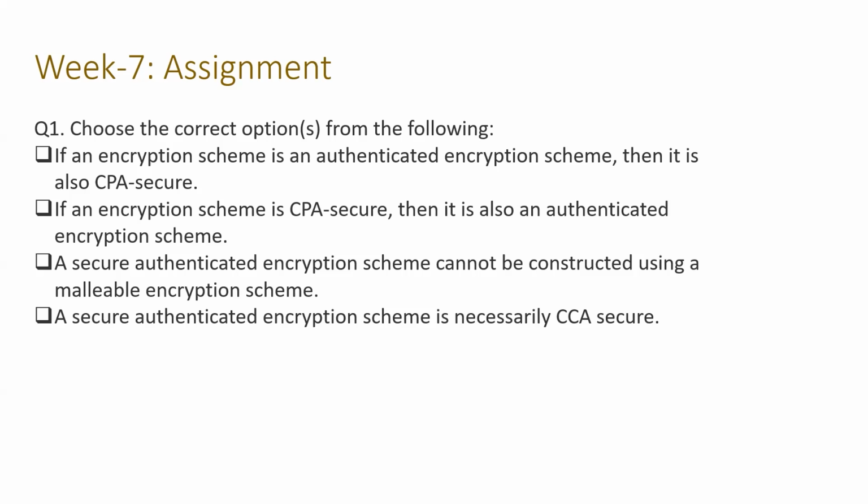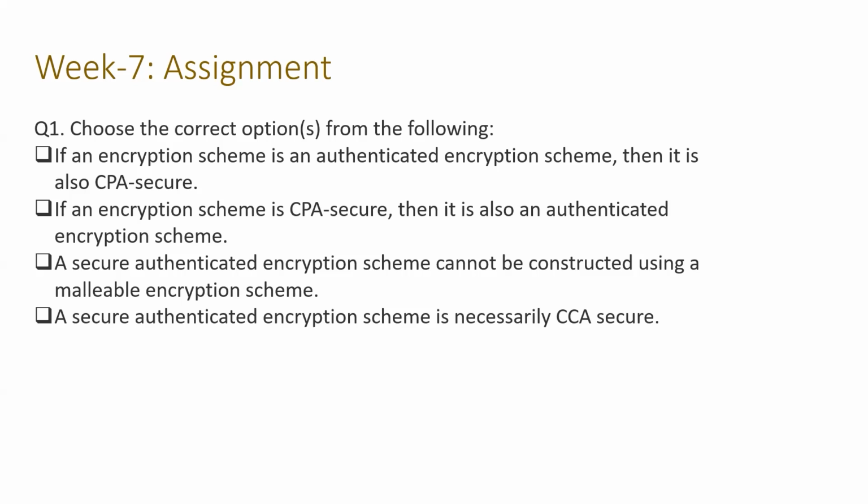So now let's look at the options. The first option says that if an encryption scheme is an authenticated encryption scheme, then it is CPA secure. As I just said, an authenticated encryption scheme provides both CCA security and ciphertext integrity, and if an encryption scheme is CCA secure, then it is definitely CPA secure. So of course, the first option is correct.